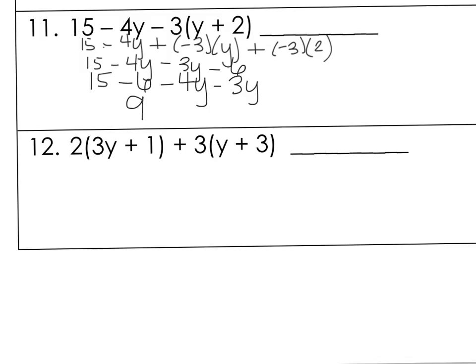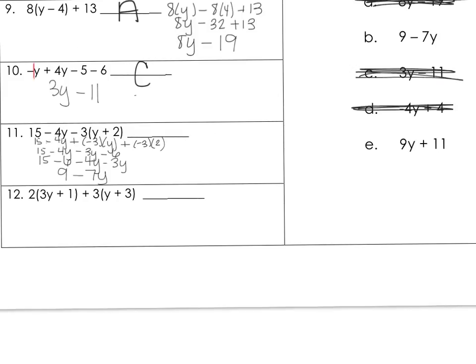And of course, we want to be aware of our negatives. It is negative 4y minus 3y, which would be negative 7y. Let's take a little peek over at our answer box. And yeah, we definitely have something that matches. It's our B.